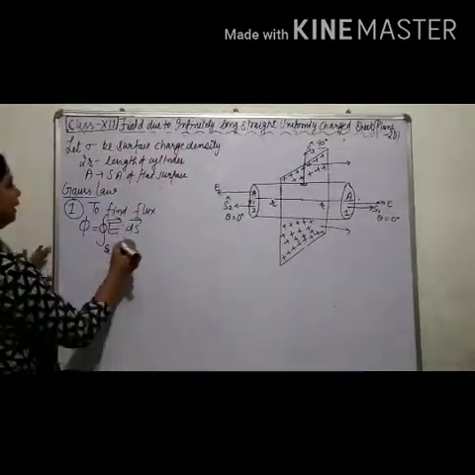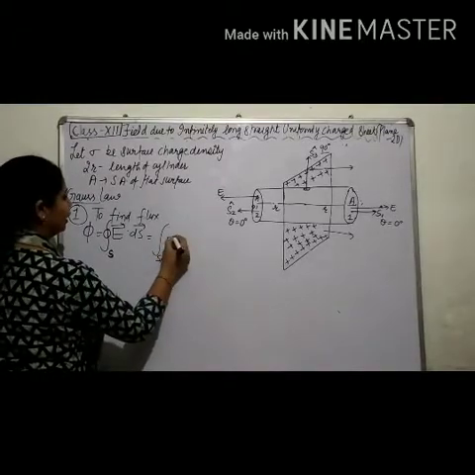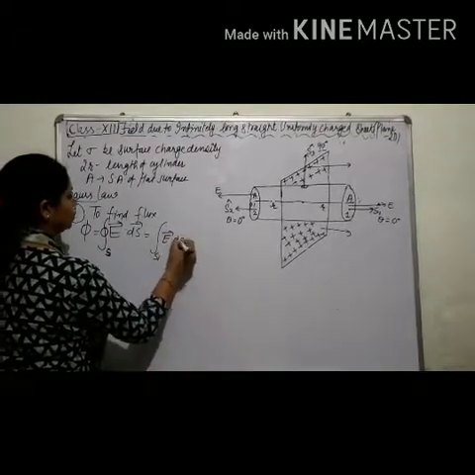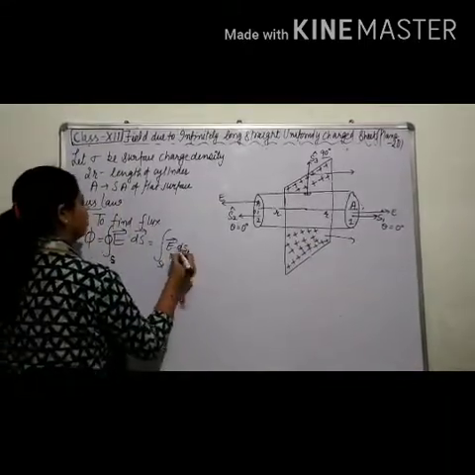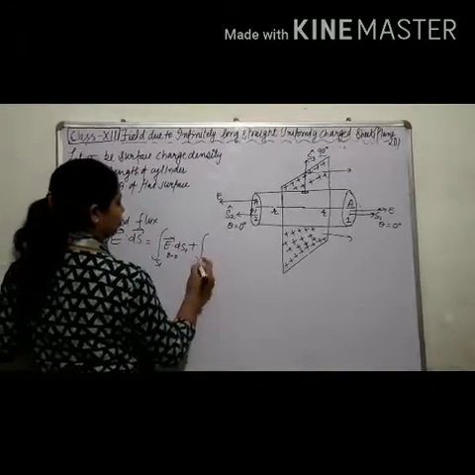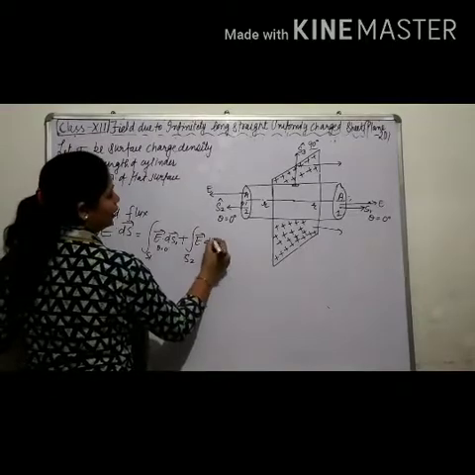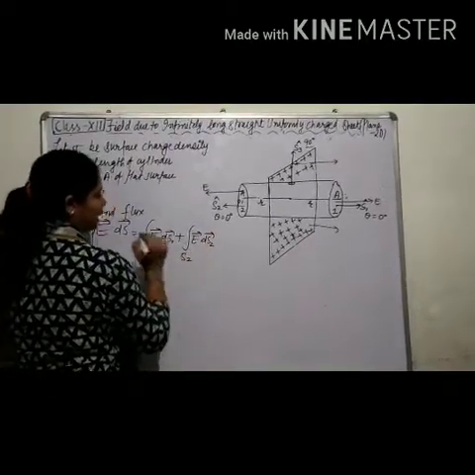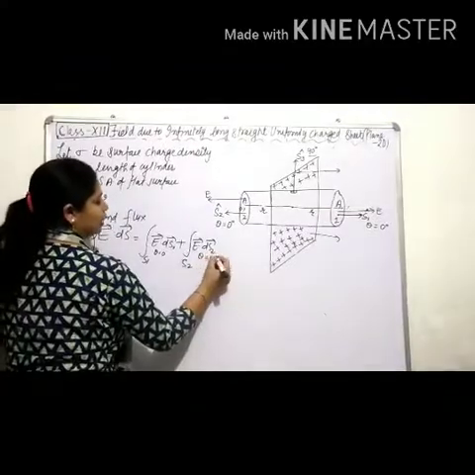It can be split into 3 open surfaces. That is S1, E vector dot ds1, for this theta is 0. For the second one, that is S2, E vector dot ds2 vector, for the second surface, that is this, being the same direction, theta is 0.